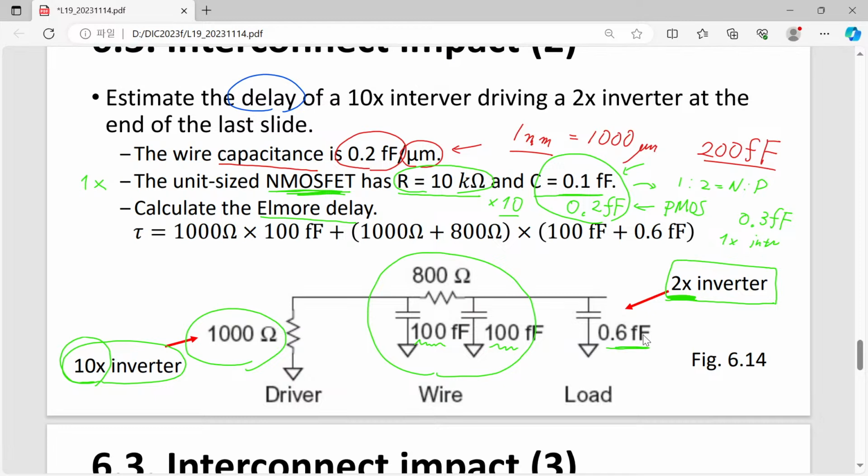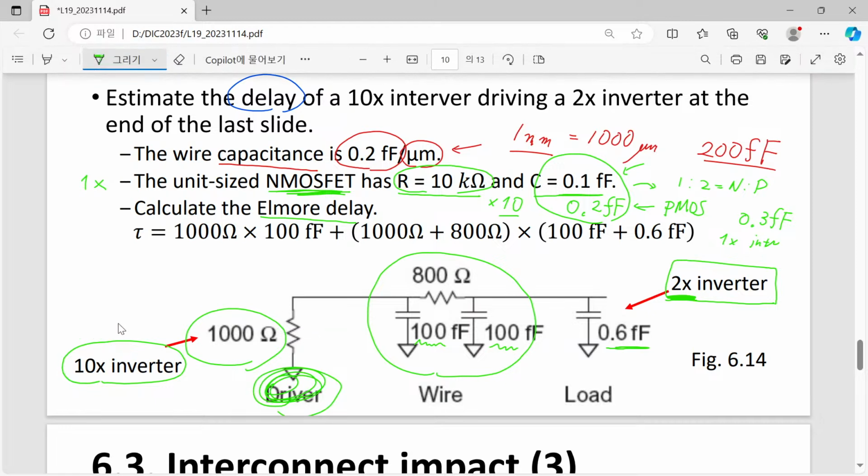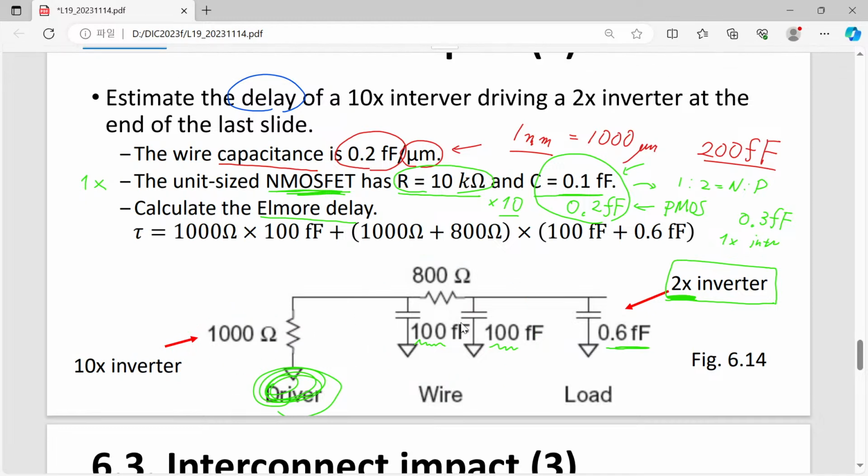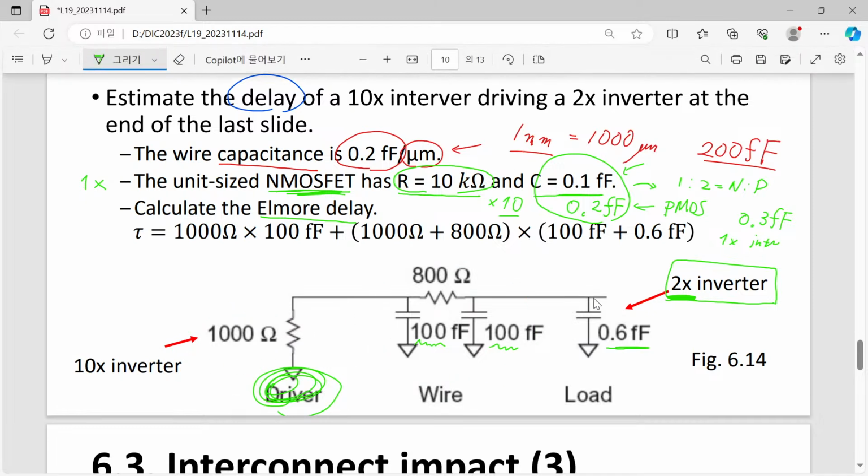Okay, now once we accept this, here we have a driver, and the signal arrives here. Let's try to estimate the Elmore delay of this node. The signal is applied at this node.